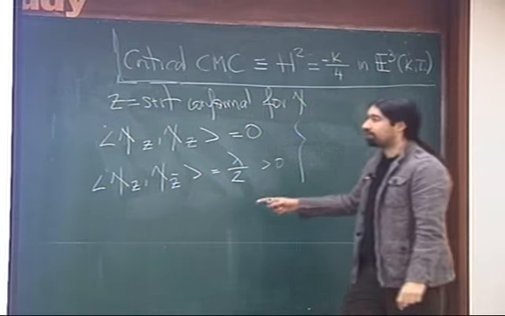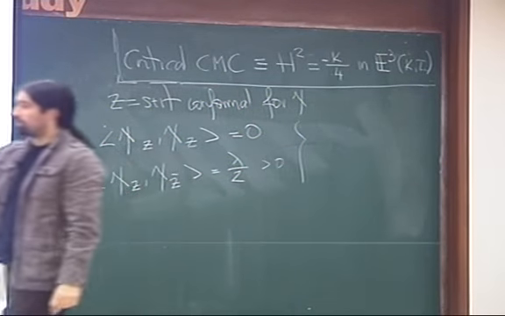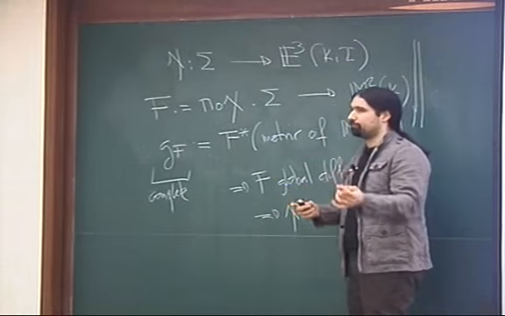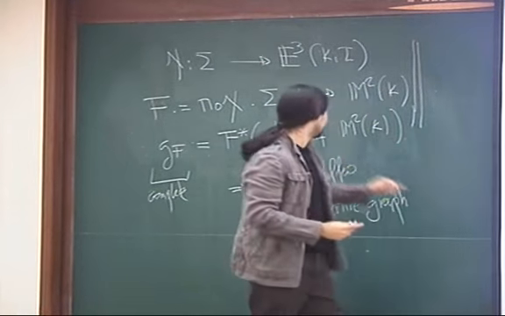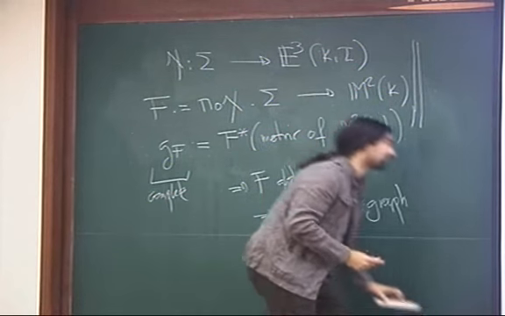But now from here I can go to the metric I wrote there, the G_F metric, and this is just the vertical part of the metric.